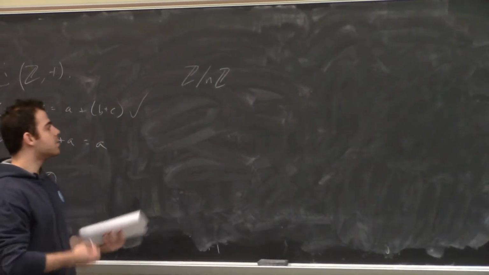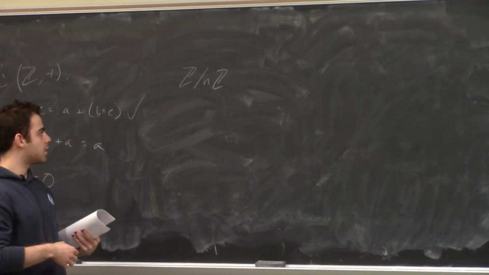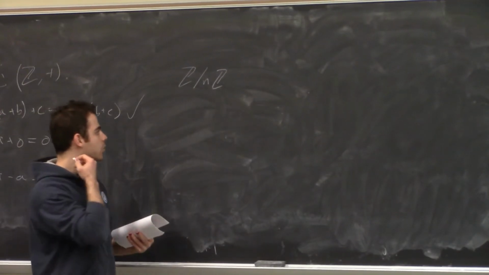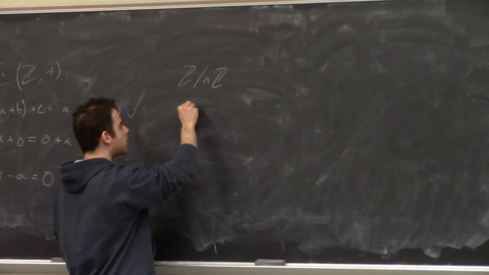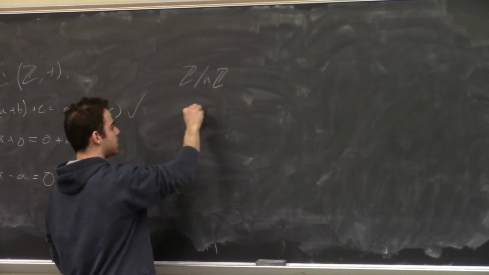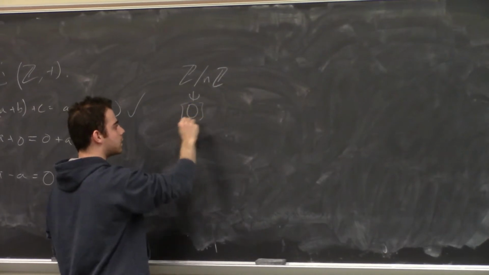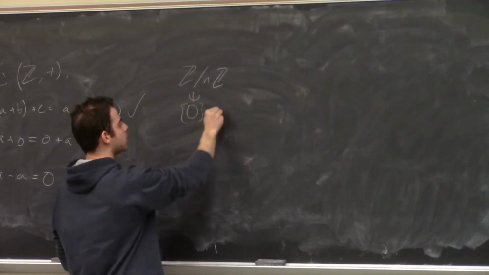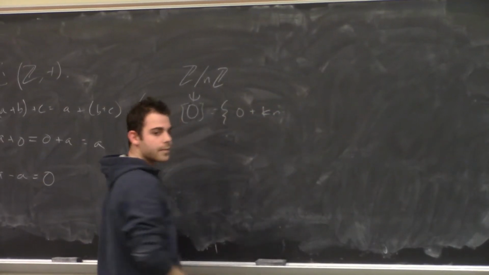So the space Z mod nZ is these sets of remainders up to adding multiples of n. If I have some 0 in here, this is really like a class of elements. It's a set. So it's 0 plus every multiple of n.